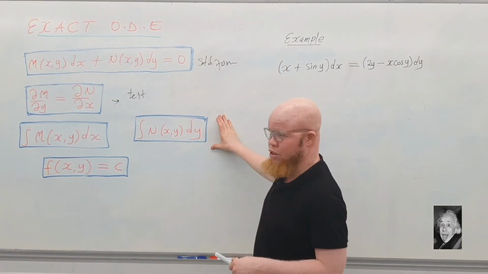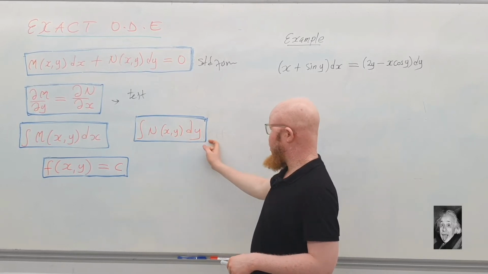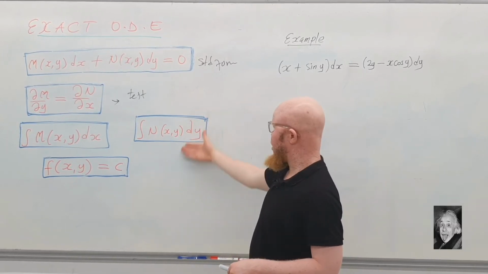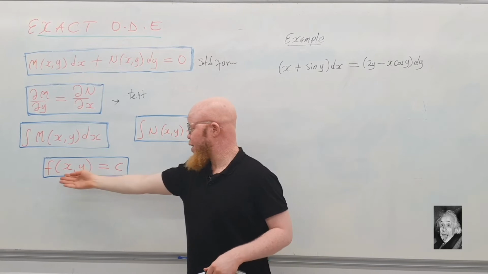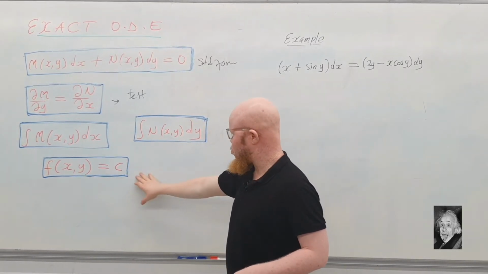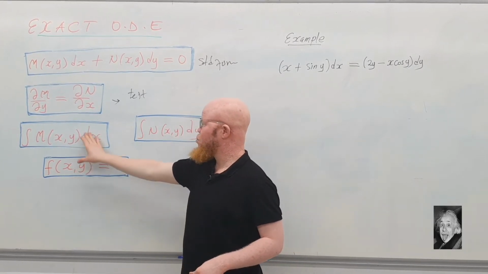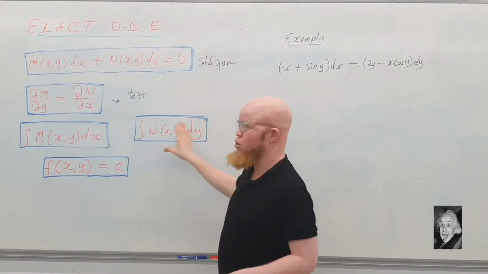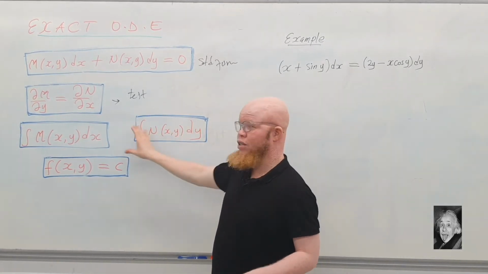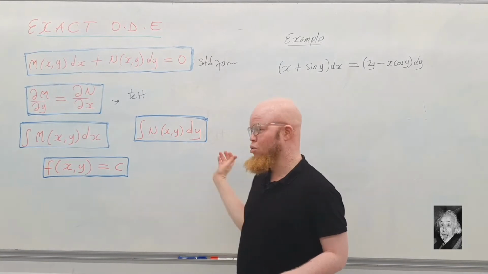And you shall also integrate N dy. Then you shall write your answer as f of x, y, a function of x and y, is equal to c. You write the common terms once, and you write the rest, then you equate it to c.